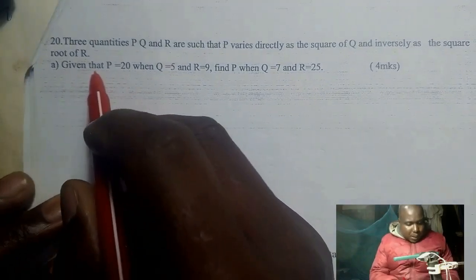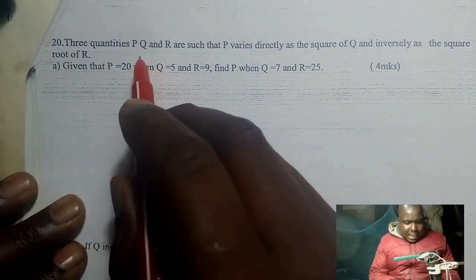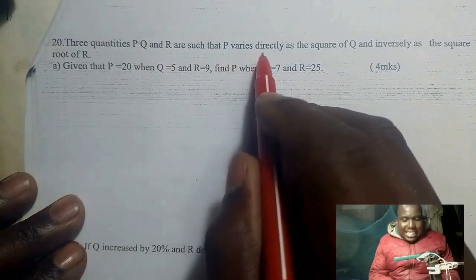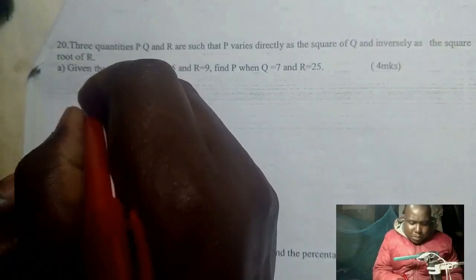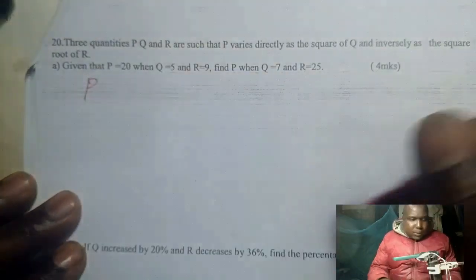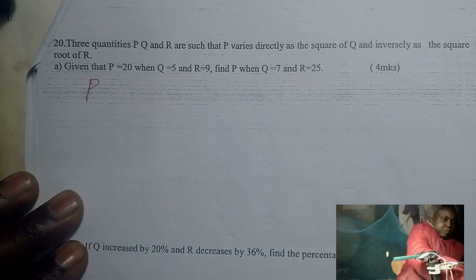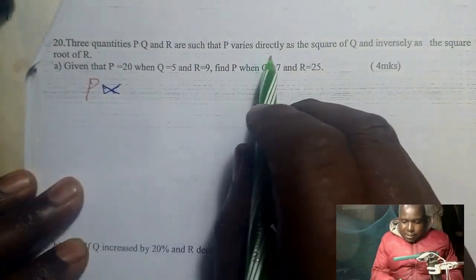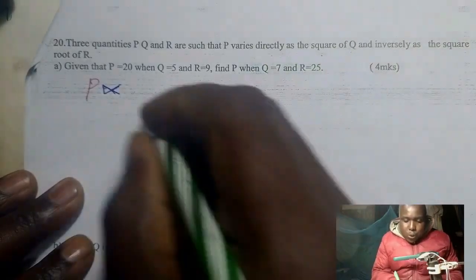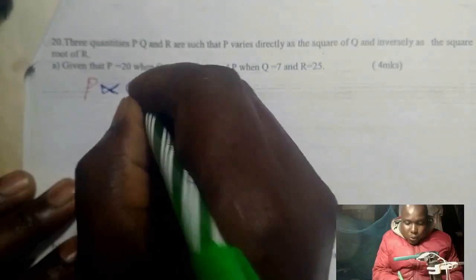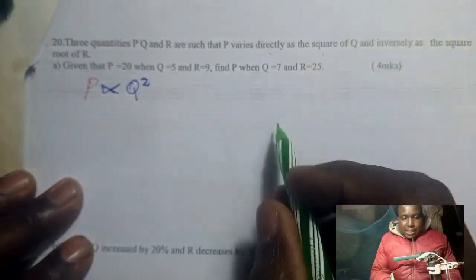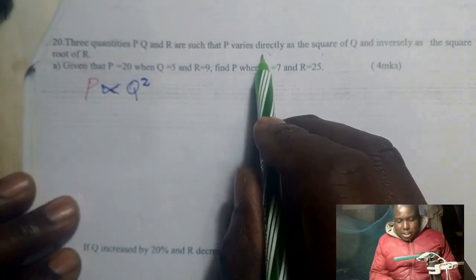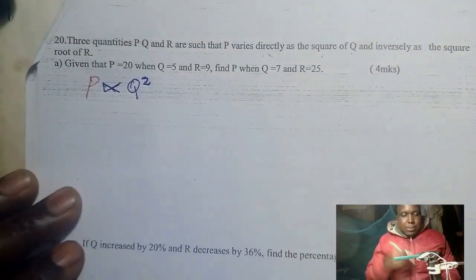So three quantities P, Q, R are such that P varies directly as the square of Q. So directly as the square of Q, so Q squared. That is the direct variation.